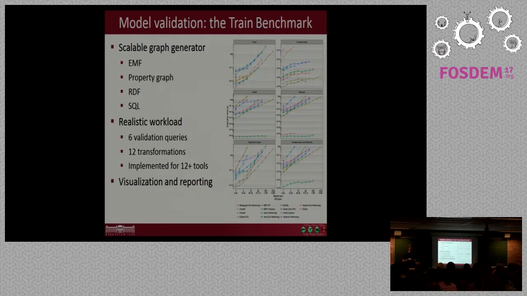And the benchmark defines a set of validation queries that must be enforced during the design of the railway network. We implemented this for more than a dozen tools and implemented automated visualization and reporting. So if you have a graph query engine that you would like to use on large and continuously changing graphs, it's worth giving the Train Benchmark system a try.